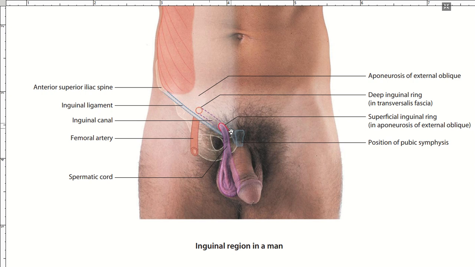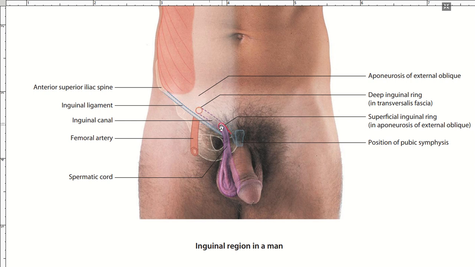Take note: the superficial inguinal ring is above and medial to the pubic tubercle. This separates it from the femoral ring, which is below and lateral to the pubic tubercle.